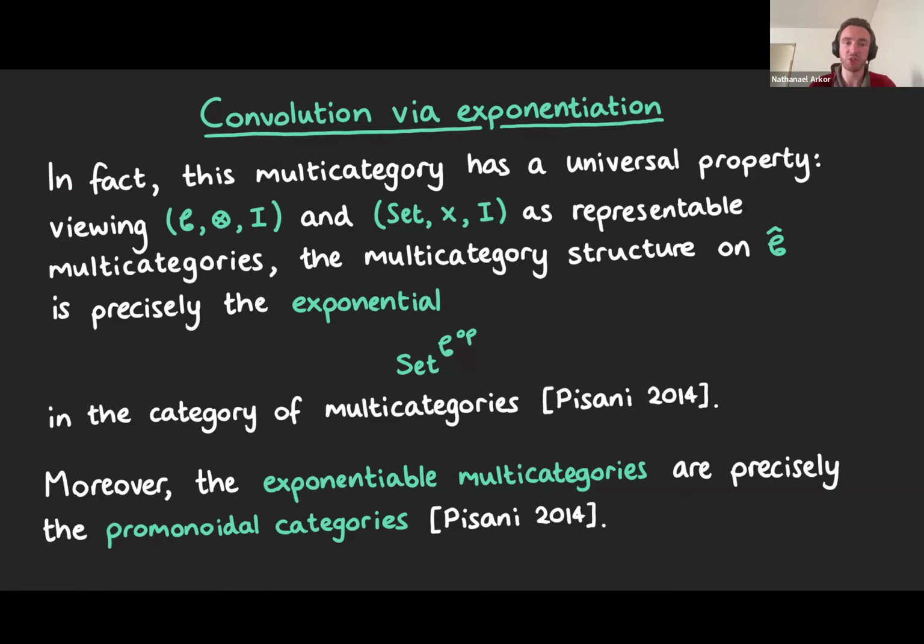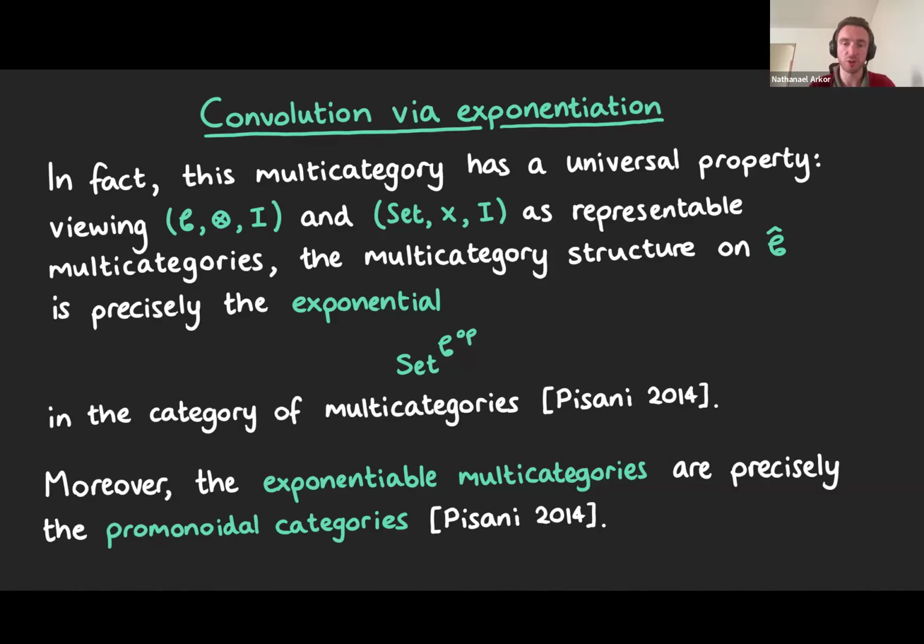And then the multi-category structure on the presheaf category is precisely the exponential multi-category. So we look at the exponential of the multi-category set to the multi-category C op in the category of multi-categories. So this is an observation of Claudio Pisani.